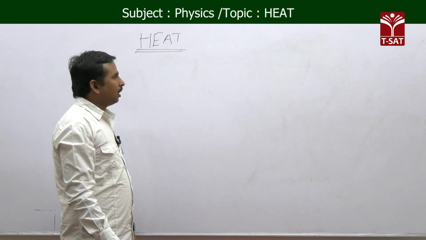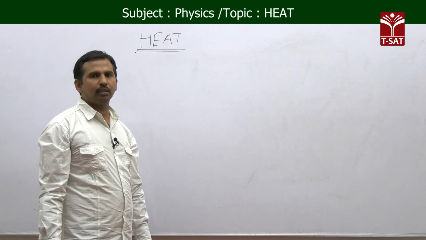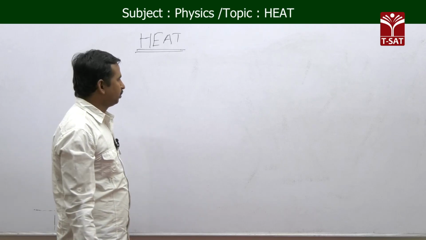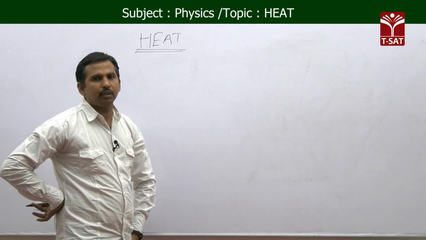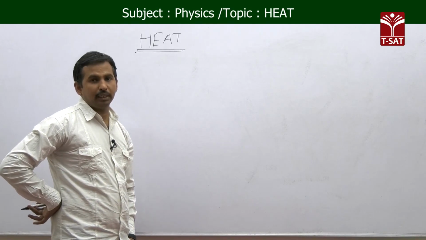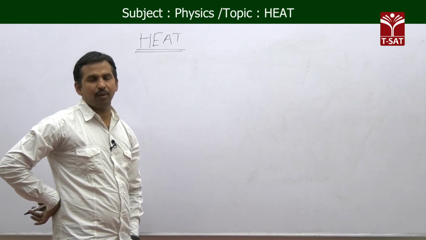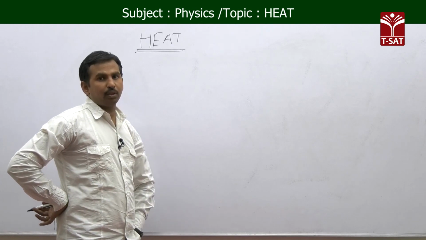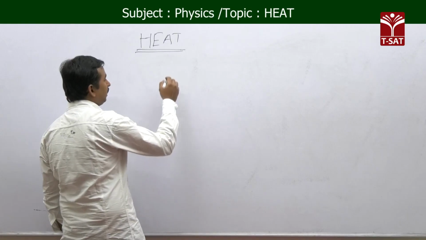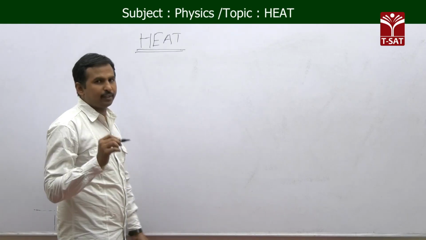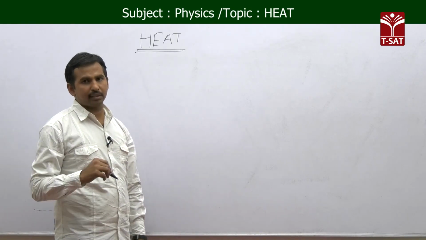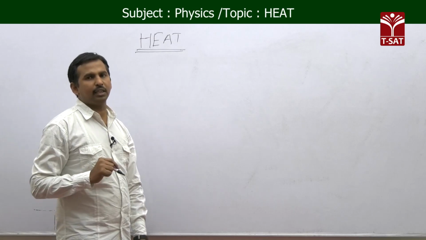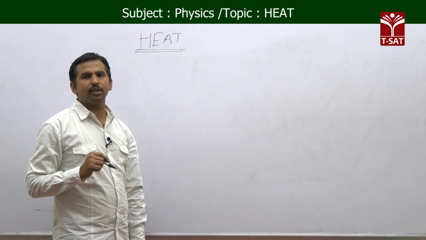Other than water, you can take any other example also. For example, inside a thermometer we mostly have mercury. As I said before, the specific heat capacity of mercury is low, because it raises its temperature very quickly.